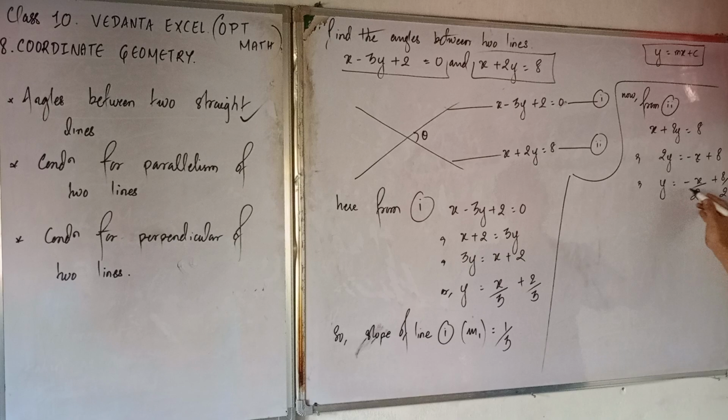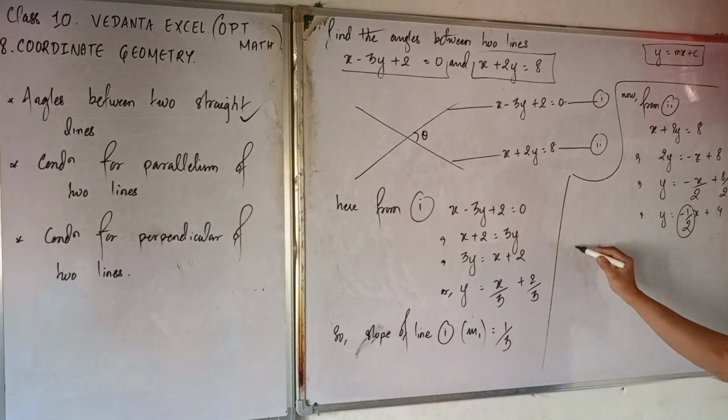When you compare this with y equals mx plus c, you will get the value of m as minus 1 by 2. Or if you find this more difficult, then just write minus 1 by 2 x plus 4 for the 8. I think this will be easier, this will be the slope.